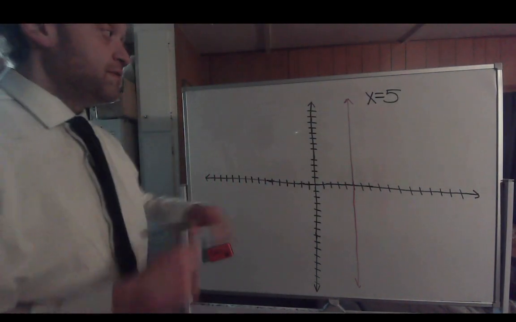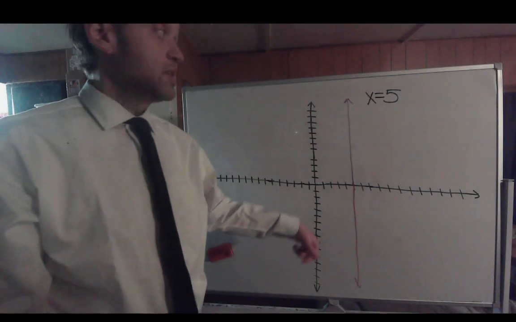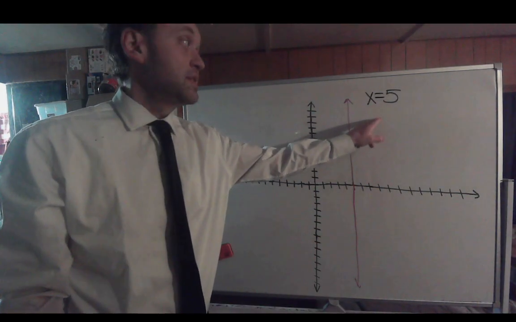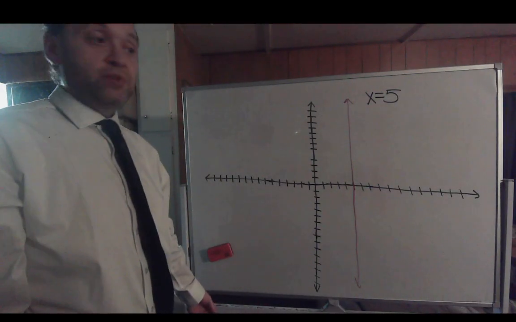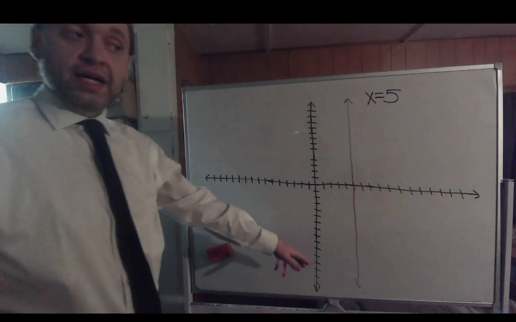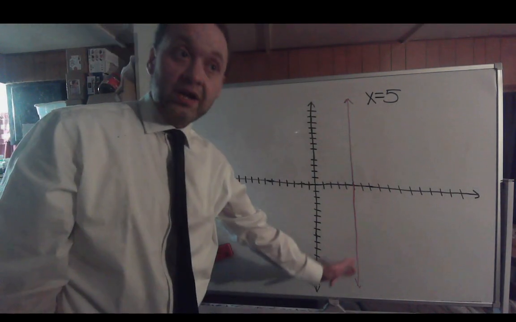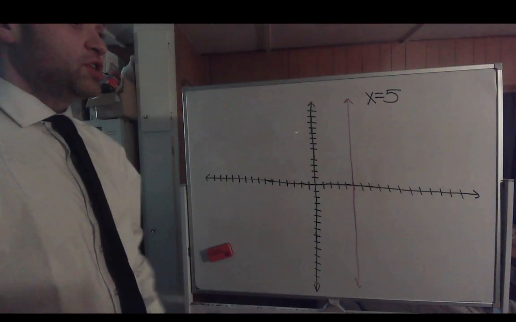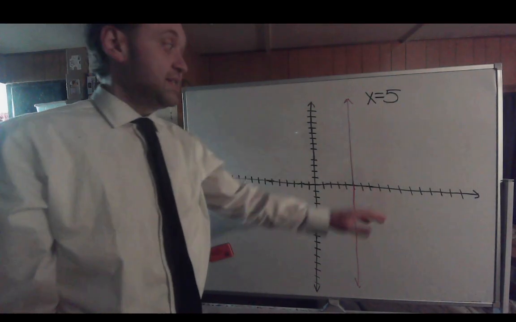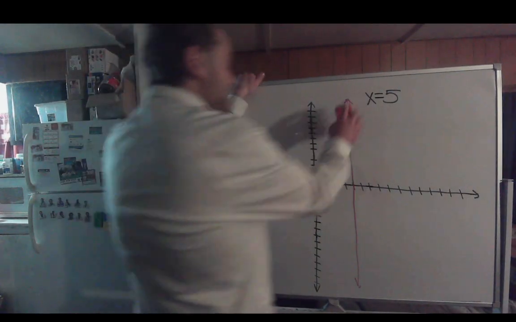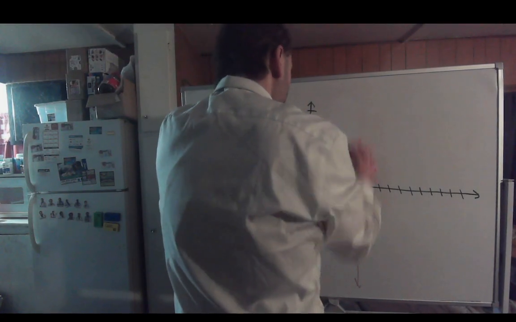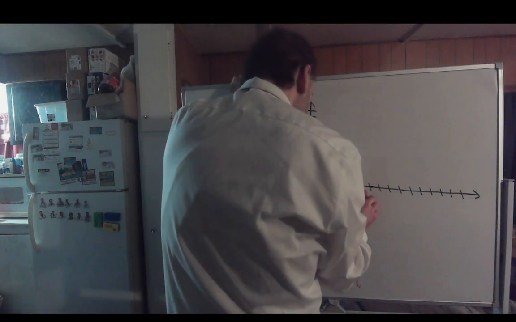So Vux, vertical line, undefined slope, x equals a constant. Immediately we should be able to see this would fail the vertical line test. It would pass through the entire line. So if it's just x equals a constant, it's not a function at all. So that's something to know about.